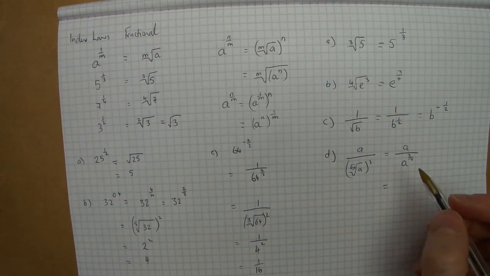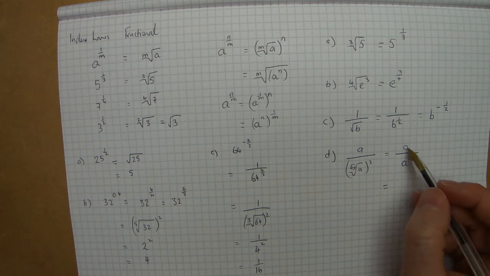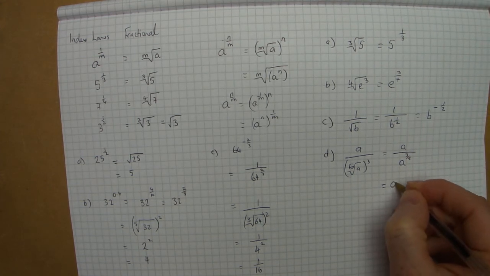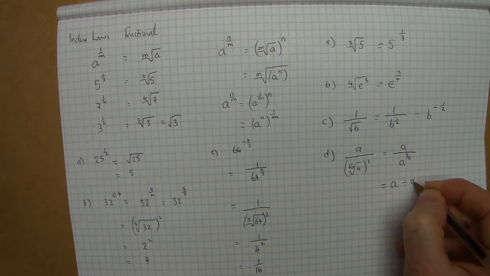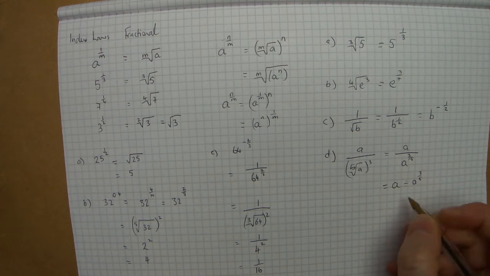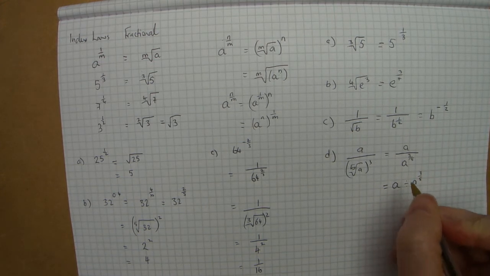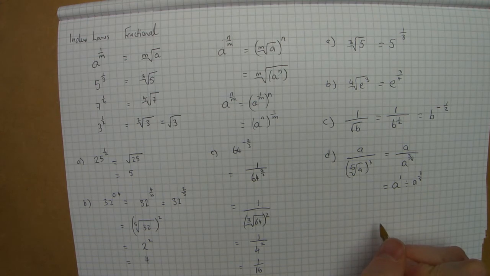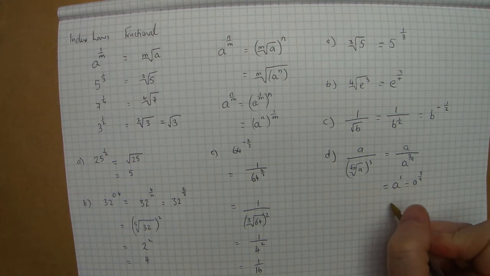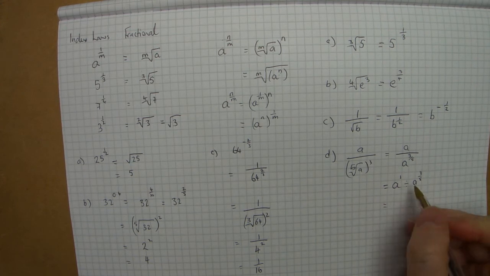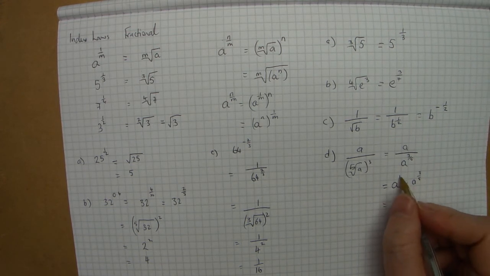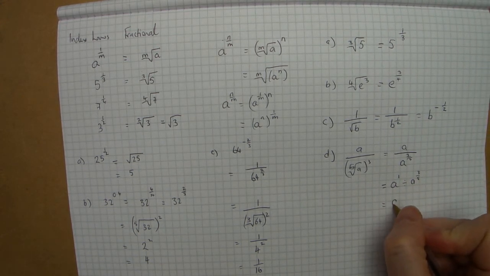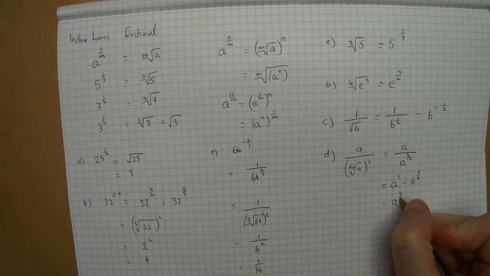We'll go about it by dividing, so a fraction means the top divided by the bottom. So that's going to be a divided by a to the 3/5. Now remember, this first a has a power of 1. So it wasn't included there, but we need to add it in for whenever we're manipulating the indices. Our rules for dividing are taken away, so 1 whole, take away 3/5 is going to be 2/5.